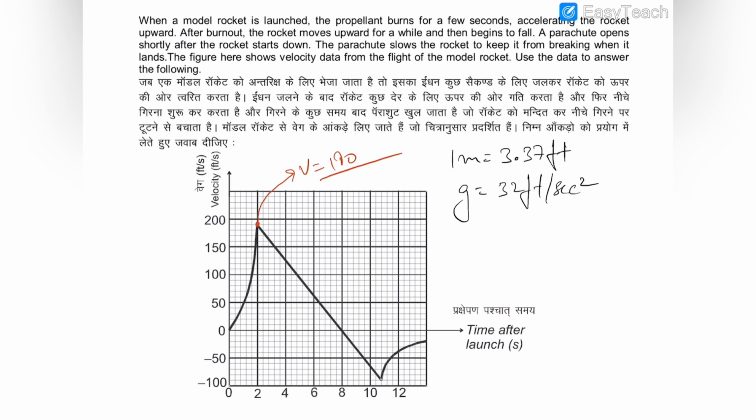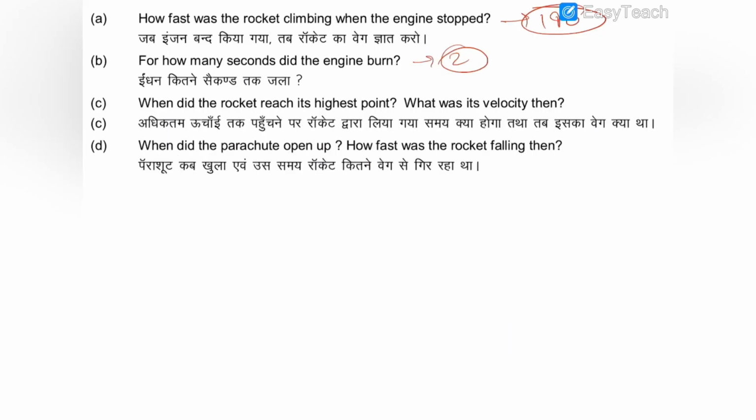So each block is 2 by 5 second, which is 0.4. So you can see that this is 6.4. So 6.4 seconds is the time when the rocket attained the maximum height, and at the maximum height the velocity of the rocket is 0 obviously.